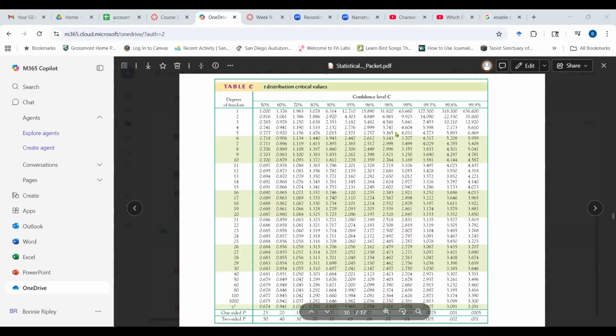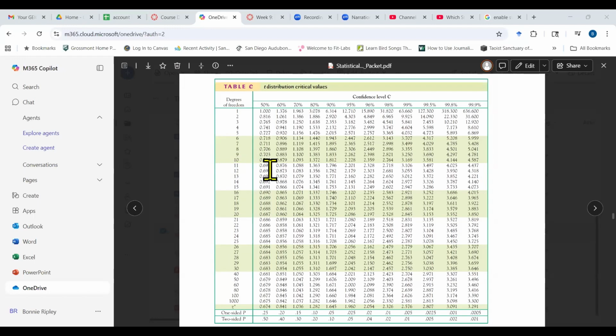We're not going to start by looking at the confidence level. We're just going to go straight to the row of our table for our degrees of freedom. Now we have this calculated value of t. The values of t in our table are all positive, but we're going to assume that they are standing in for either positive or negative values of our t. So we can kind of ignore this minus sign and just use the values in the table.